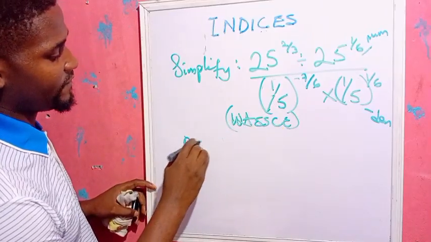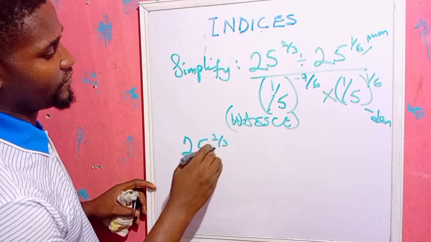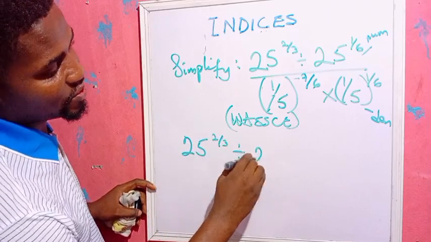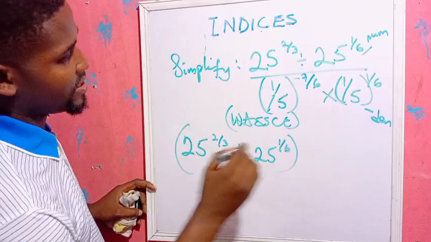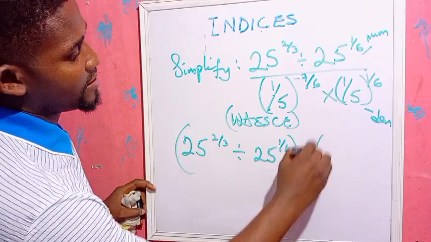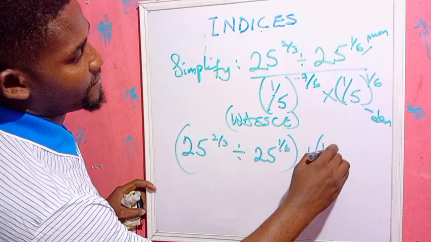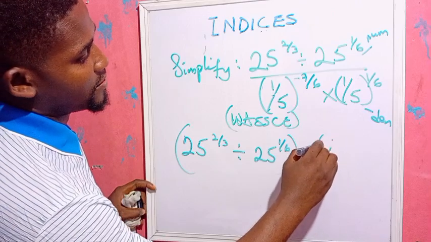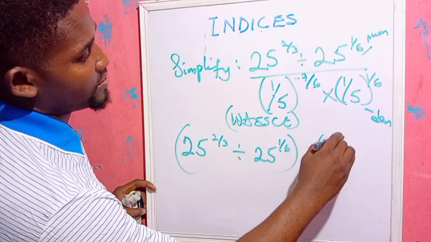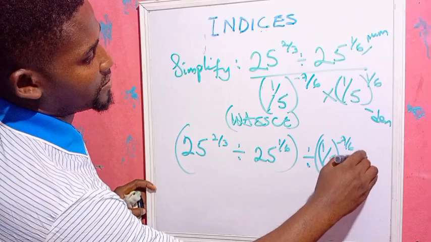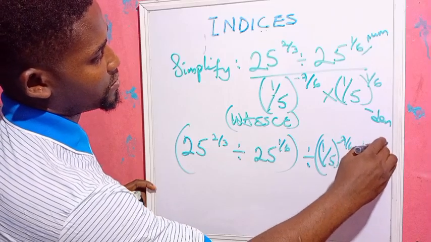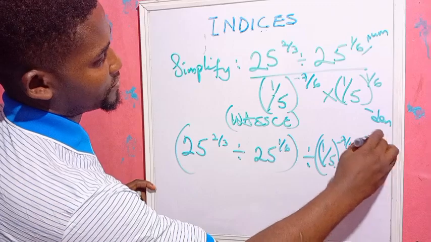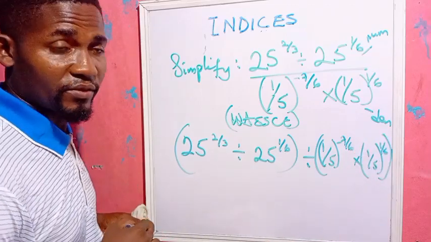We can have 25 raised to the power 2 over 3 divided by 25 raised to the power 1 over 6, in a bracket, divided by 1 over 5 raised to the power minus 7 over 6 times 1 over 5 raised to the power 1 over 6. I hope you follow me.